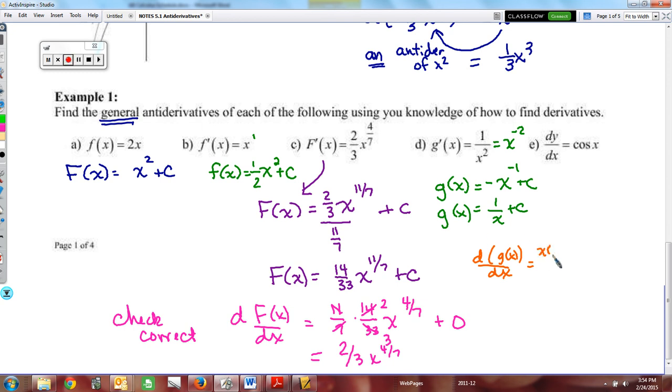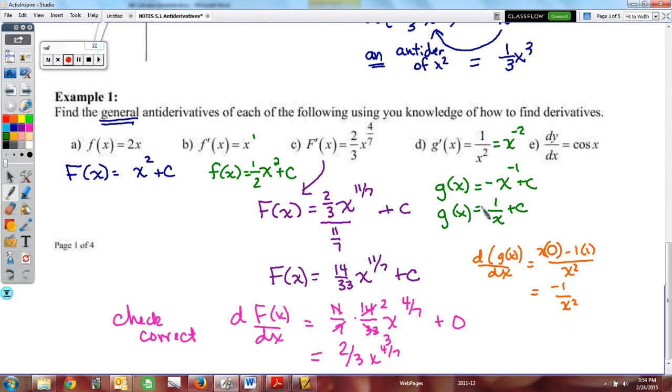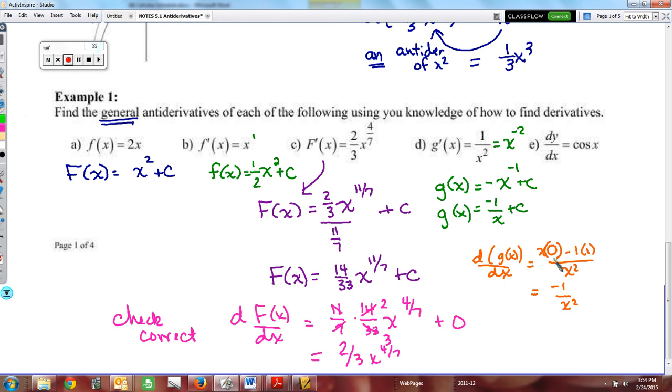Low d high minus high d low all over low squared, or -1/x squared, which is going back to, oh, I forgot my negative. I lost the negative from this line to this line. So the minus -1 times 1 ends up being plus 1/x squared, and it works. Okay, see, catch your mistake by that.